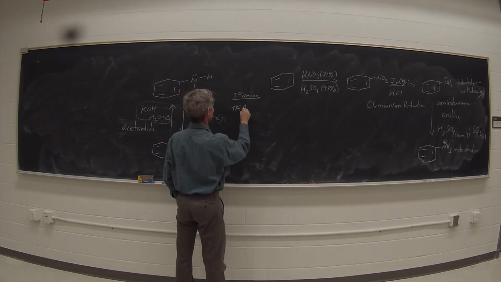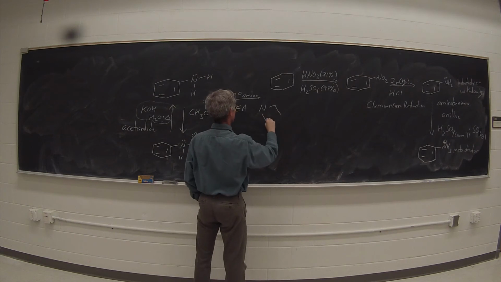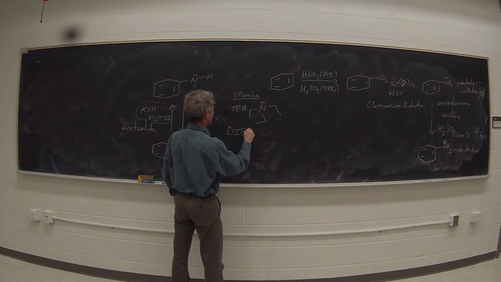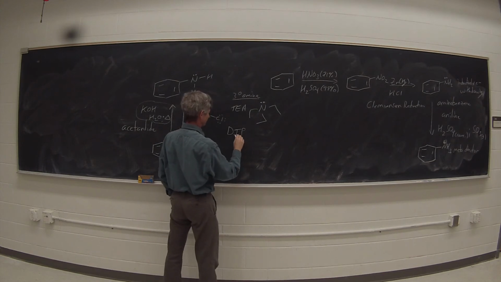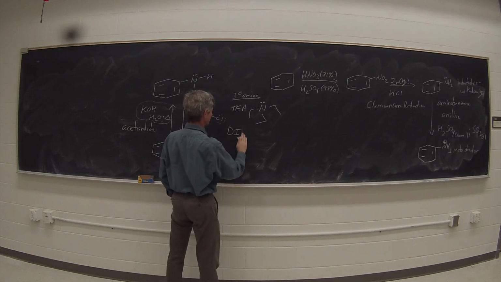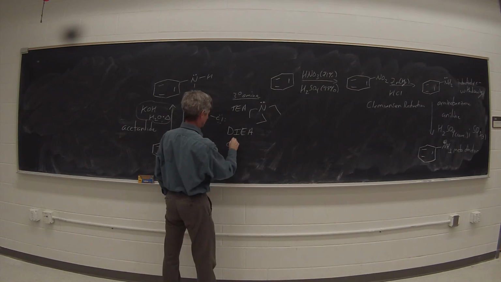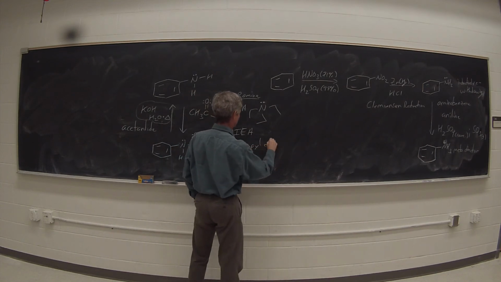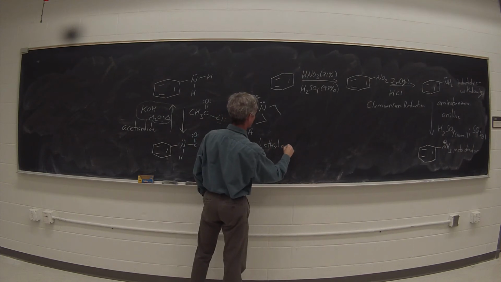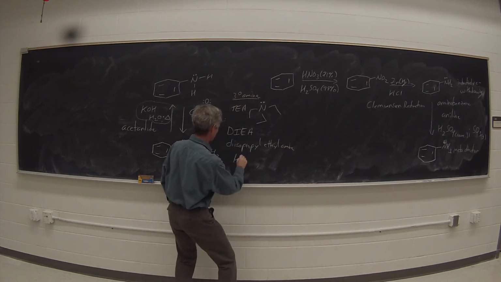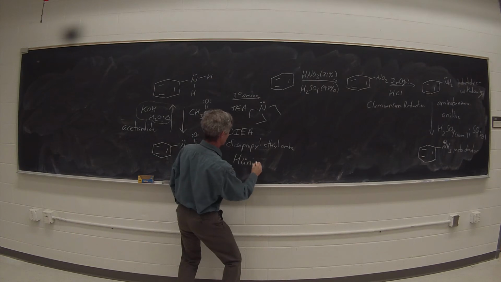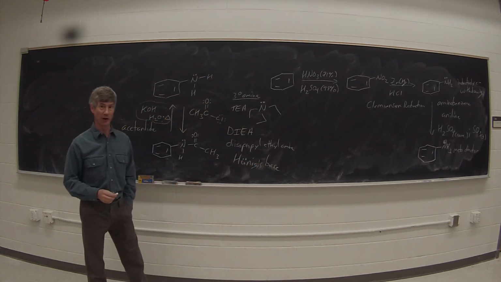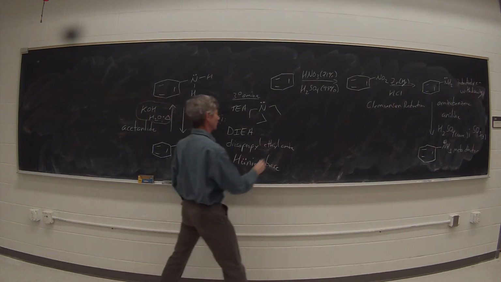That's often triethylamine, TEA, or diisopropylethylamine, DIEA, which is even more sterically hindered, and is also referred to as Hünig's base, because organic chemists never miss an opportunity to name something after each other.